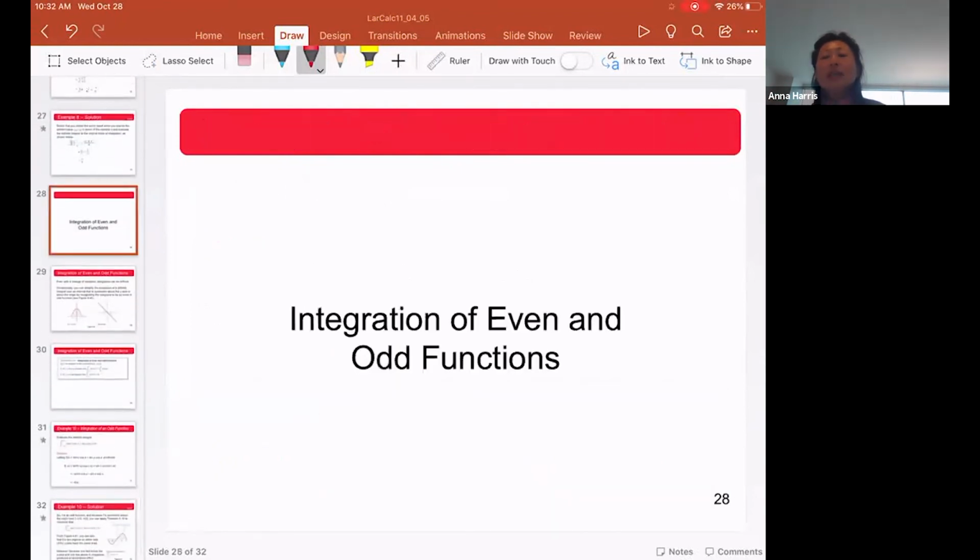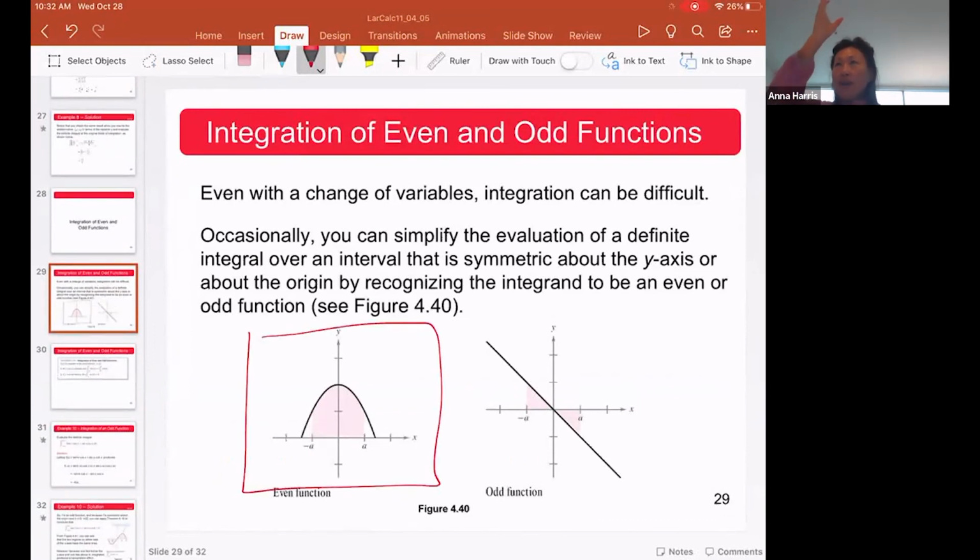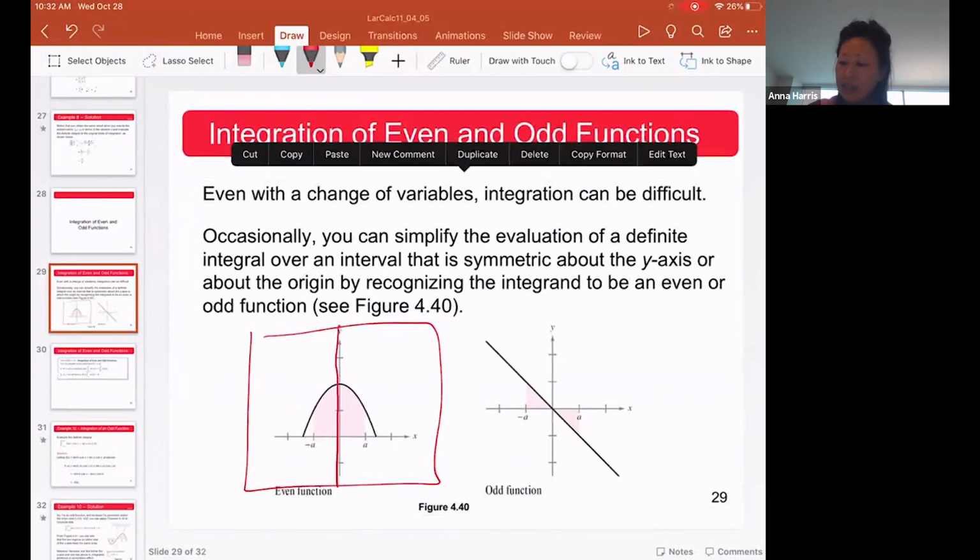Now, let's look at the integration of even and odd functions. This is an even function. Even function means when you draw a vertical line at the origin, like the y-axis right here, your left-hand side and your right-hand side are exactly the same. That's called an even function.